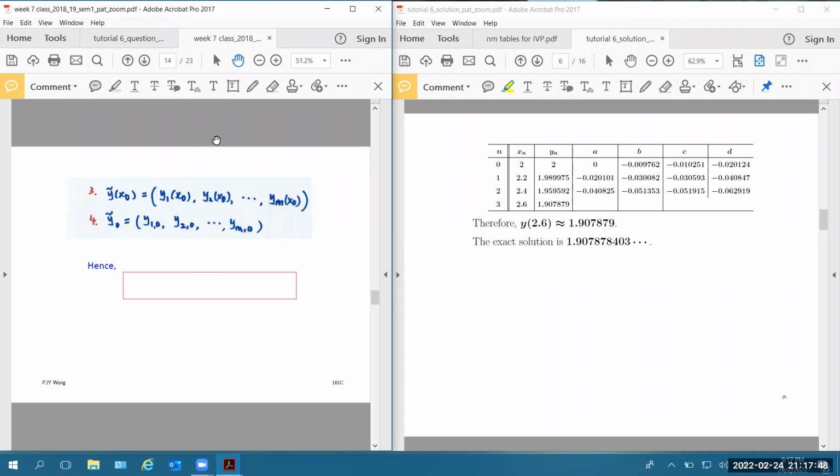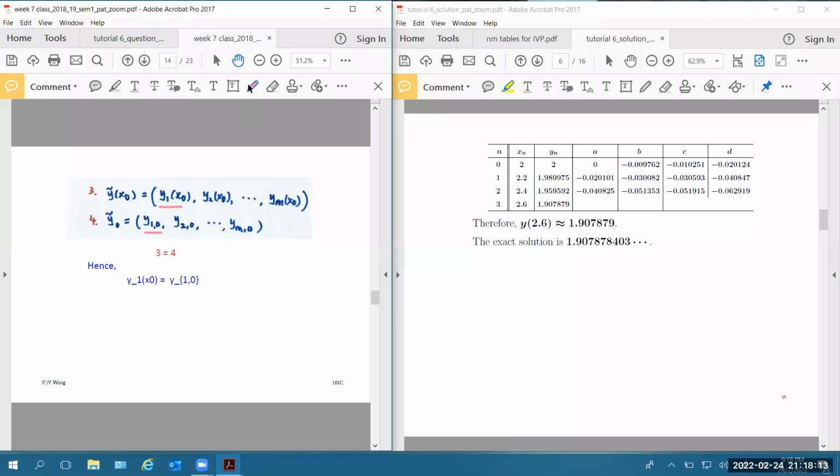Now item 3 equal to item 4. And you know how we equate, right? First component equal first component. That's how you get to this: y1 x0 is equal to y1 0.